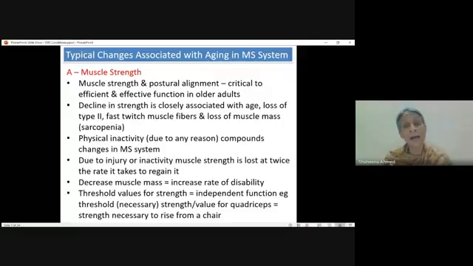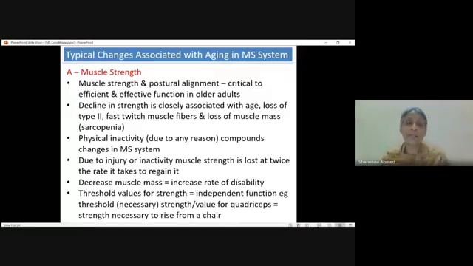If your muscles are in a healthy state and have adequate strength, your posture is going to be good, and your overall skeletal alignment is going to be good. But if your muscles are weak, they will not be able to maintain normal posture or normal alignment. And with age, as muscle strength decreases, postural alignment also starts to suffer.